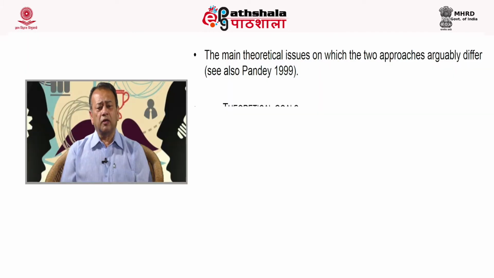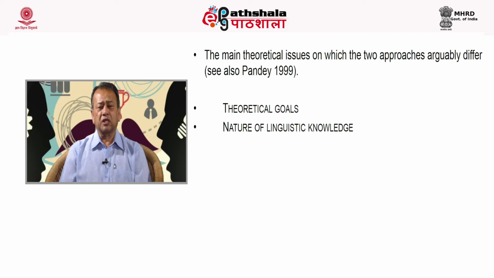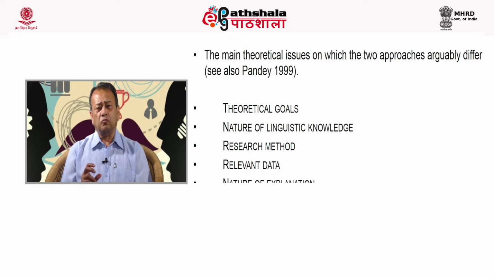To begin with, take a look at the topics given there, on the basis of which we can say that formal and functional approaches differ from each other. To begin with, the theoretical goals. In formal approaches, the main theoretical goal is to account for the knowledge of language.